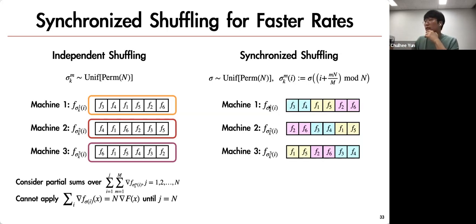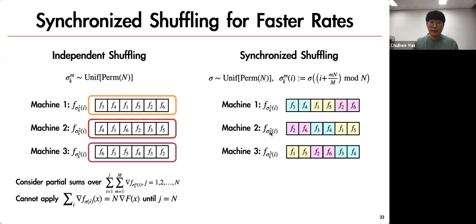You can see that the permutations for machine 1, machine 2, and machine 3 are shifted versions of each other. So sigma_2^k is a shift of sigma_1^k by 2, and sigma_3^k is also a shift of sigma_2^k by 2.